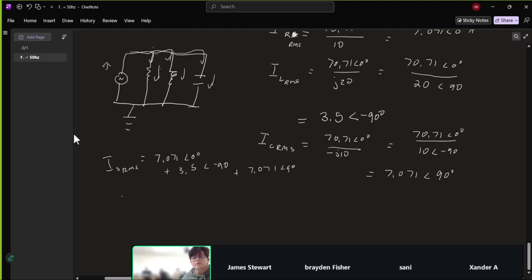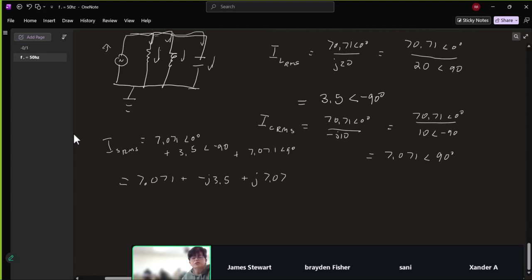Now, I could do this on my calculator, but I'm not going to bore you again with how mad I am about not being able to use my calculator on my computer, but I can easily change these to rectangular because negative 90 degrees means negative j. So this is negative j 7.07, and angle 0 is just real.